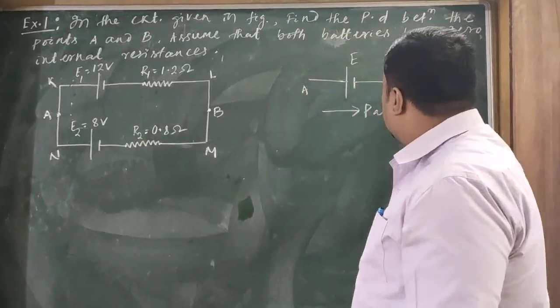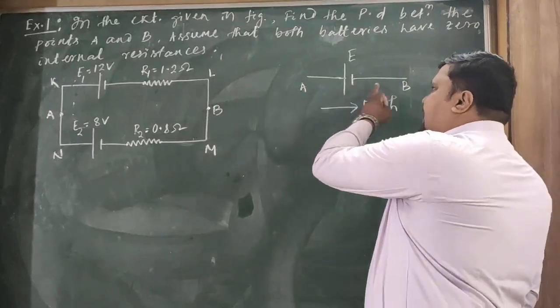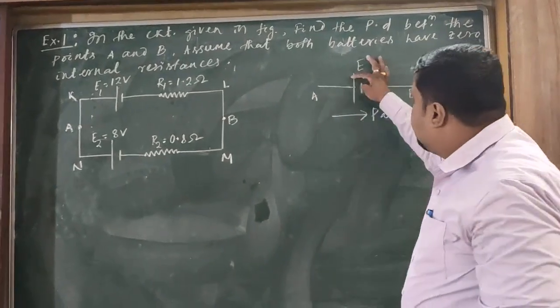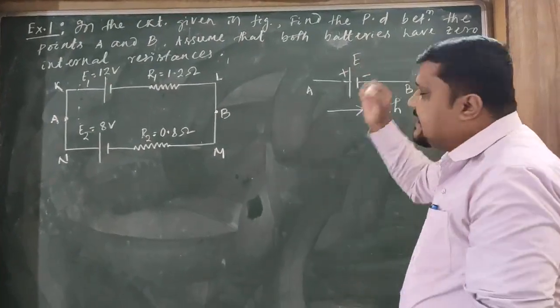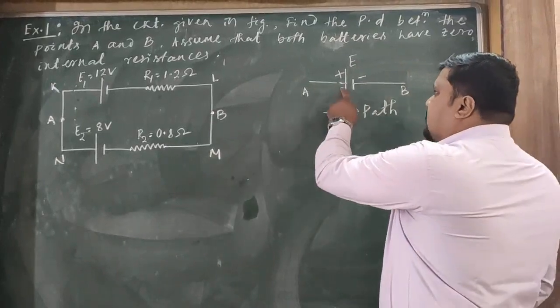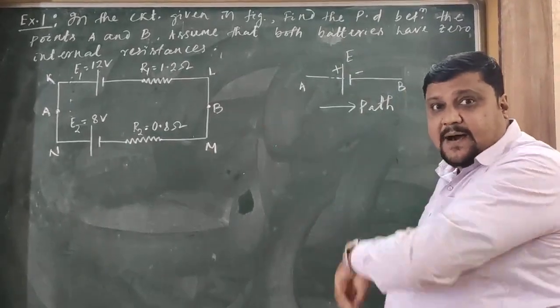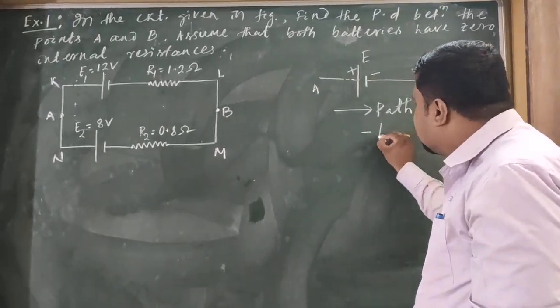Suppose I choose the path from A to B. When I choose the path from A to B, if I first encounter the positive terminal of the battery, this is the positive terminal, this is the negative terminal, then I will take this as minus.